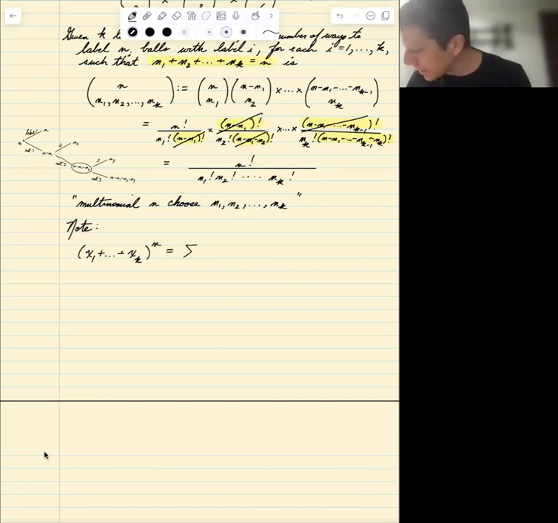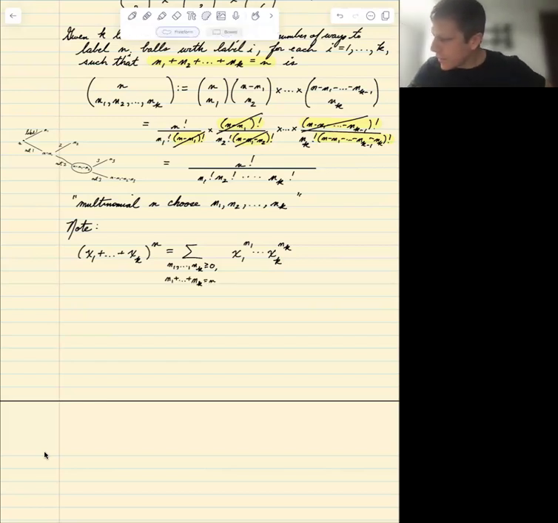If I actually work all this out, I end up with terms that look like x1 to the power n1 times up to xk to the power nk, such that each one of these ni's is bigger than or equal to 0, and they add up to n.